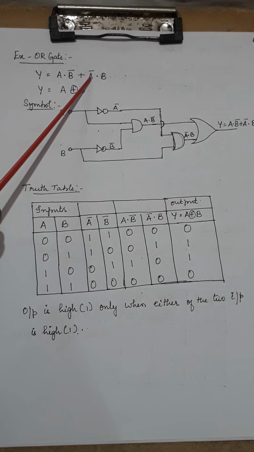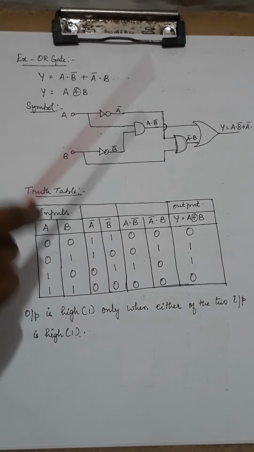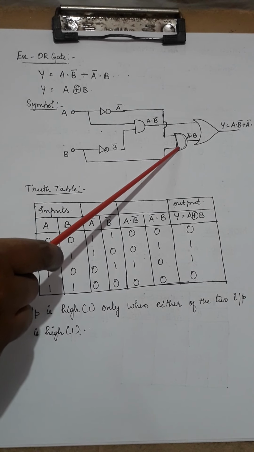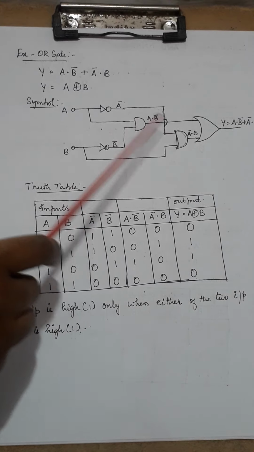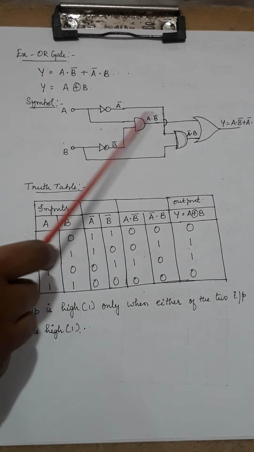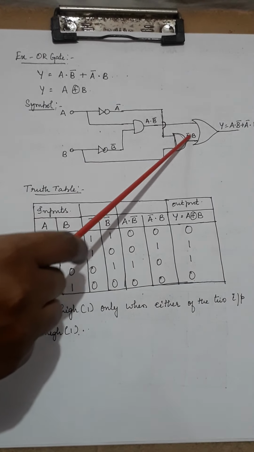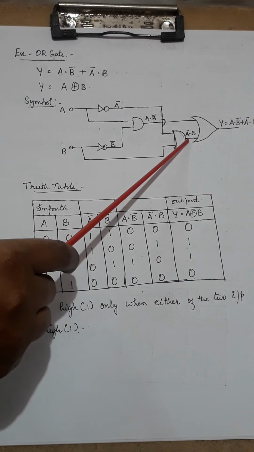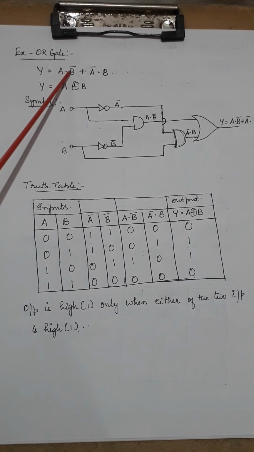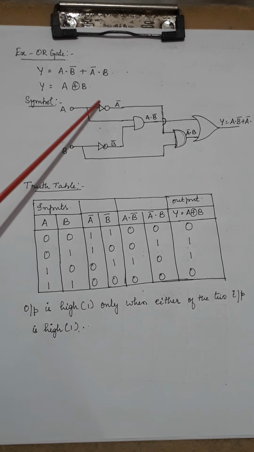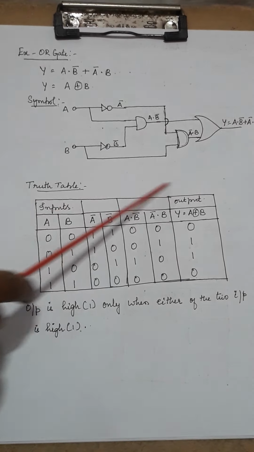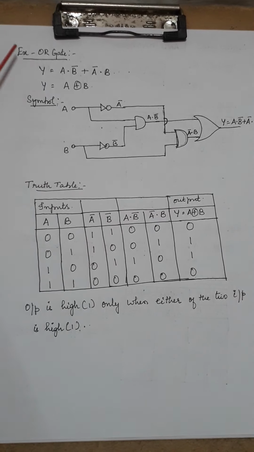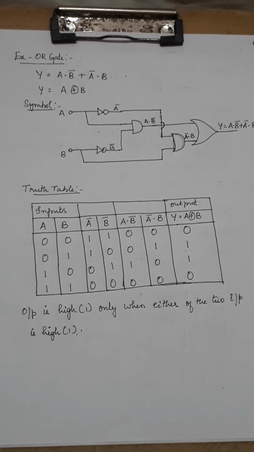Again A complement dot B, again you have an AND gate. Then both these outputs are given to an OR gate. Then in order to get a complement, surely I should add a NOT gate. So the XOR gate is a combination of all the three basic gates.